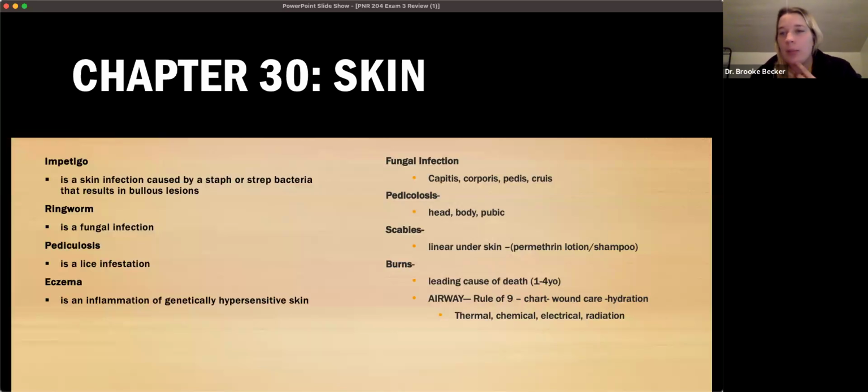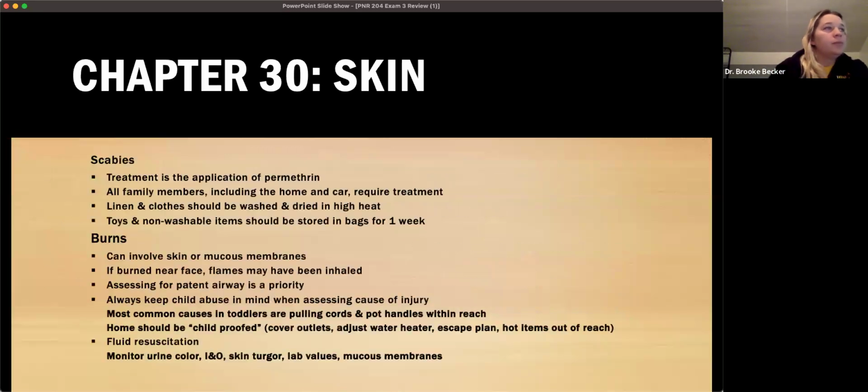And then you also want to make sure with burns, they're going to have a very particular wound care routine. You want to make sure that they stay very hydrated, okay? And then you may even have to help them regulate their body temperature. There's a variety of different things that can cause burns: thermal burns, chemical burns, electrical and radiation burns, okay?